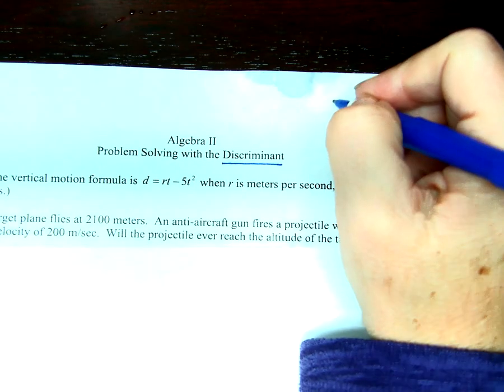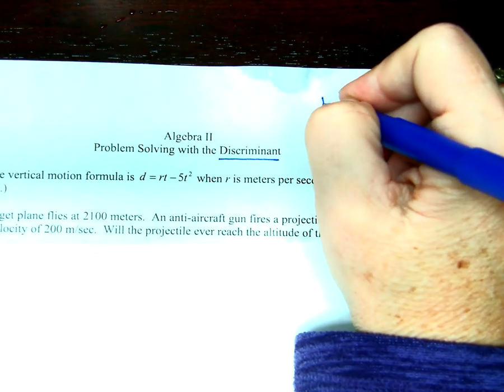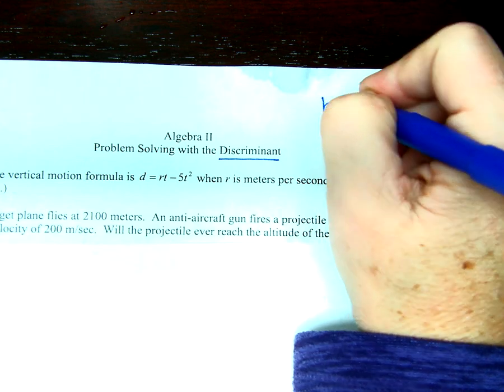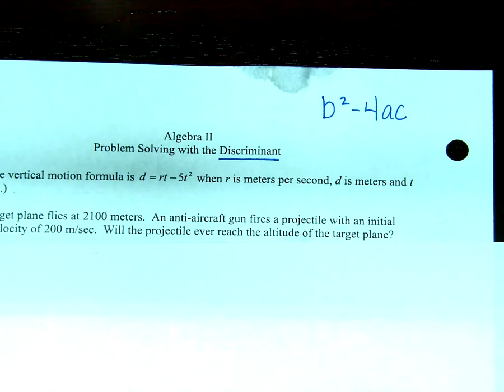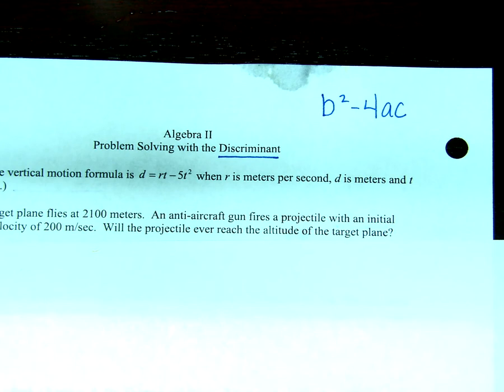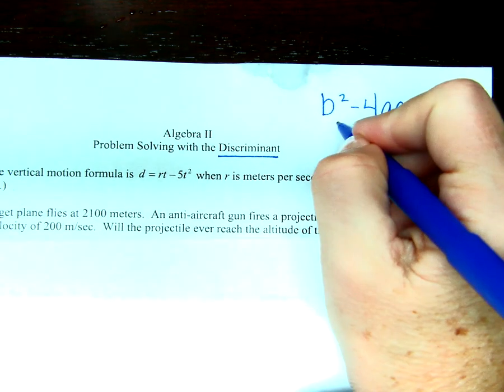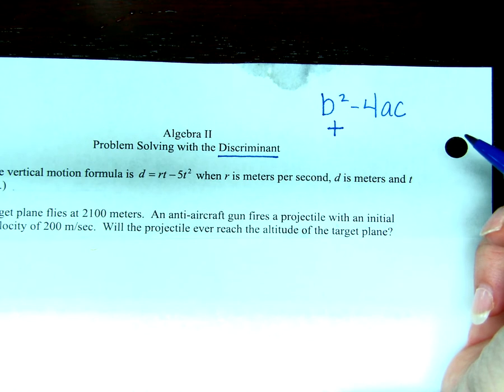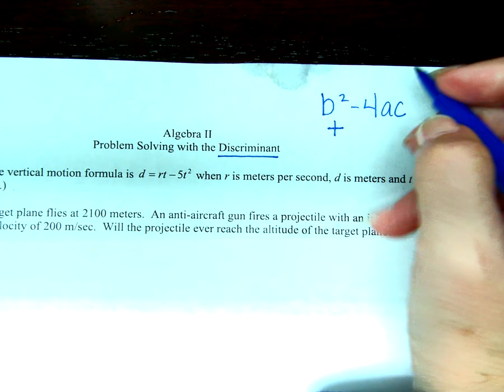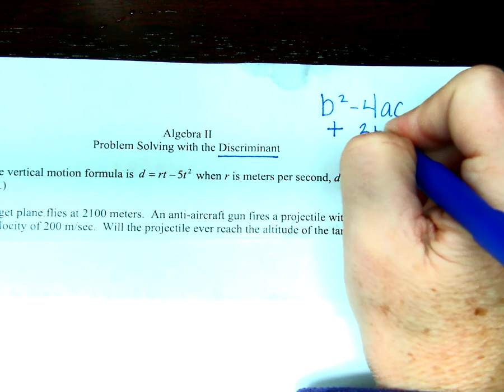What is the discriminant? B squared minus 4AC is the discriminant, yes? And what else do we know about the discriminant? If it's positive, what kind of solutions do I have? 2 real, right?